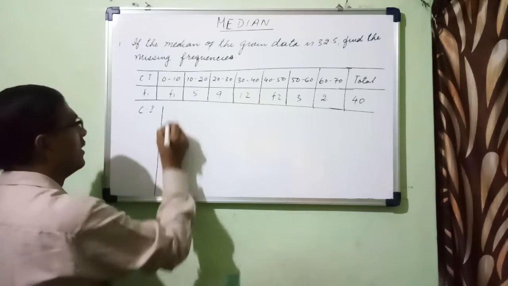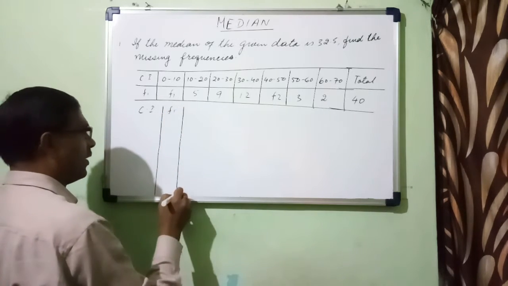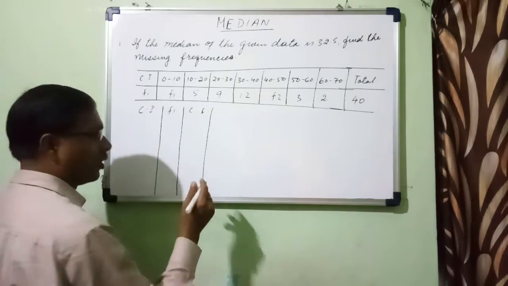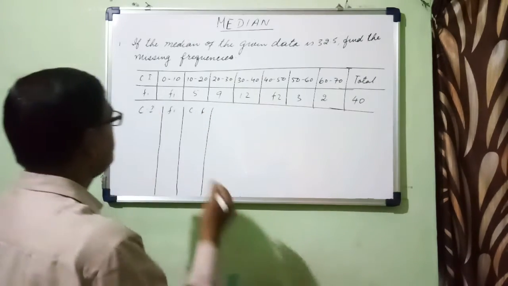CI, FI and CF. Only 3 columns are required for the median.